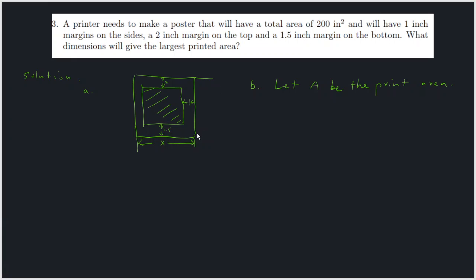And I'm going to call the width of the total poster y. I write it down. Let x be the length of the poster, and let y be the width of the poster.